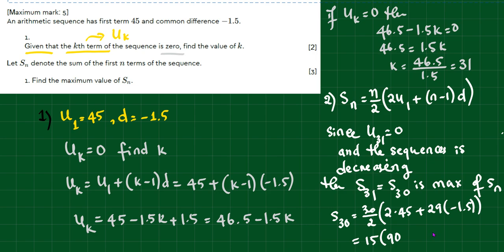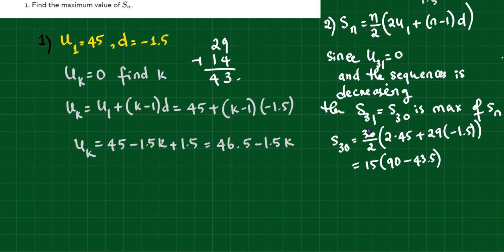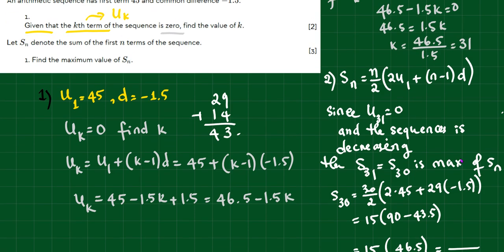My brain is not working right now, to be honest. So that's 15 times 46.5. You can use a calculator. That's it.